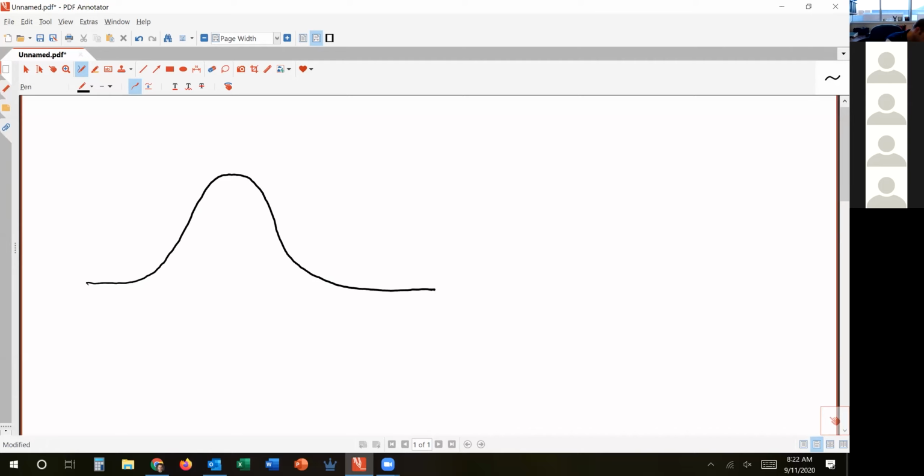If I look at my normal distribution, it's telling me how spread out the data are. When is the only time sigma would be 0? What would it look like? One data point? Yeah, it would be like a delta function, right? That's what my distribution would look like. Sigma is never 0.